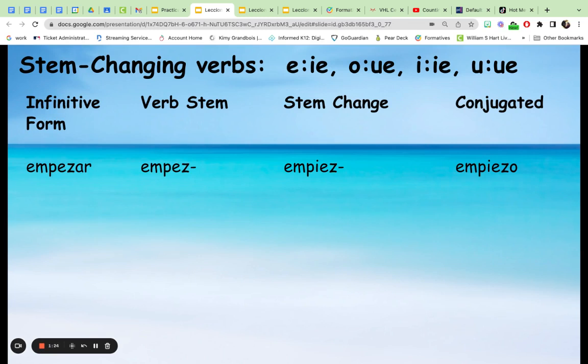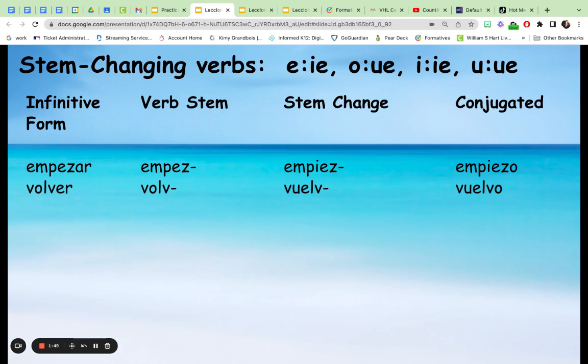So, empezar is the infinitive form. It has the AR on it. If I take off the AR, that's the stem. Now we're going to change that stem from an E to an IE, and then we're going to put on the ending, the conjugated form. Volver. We have volver in the infinitive.